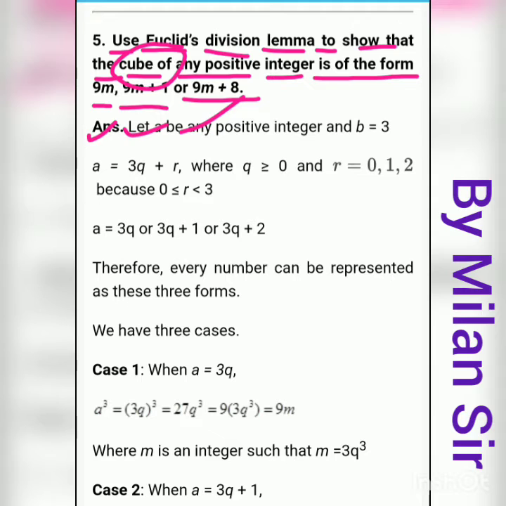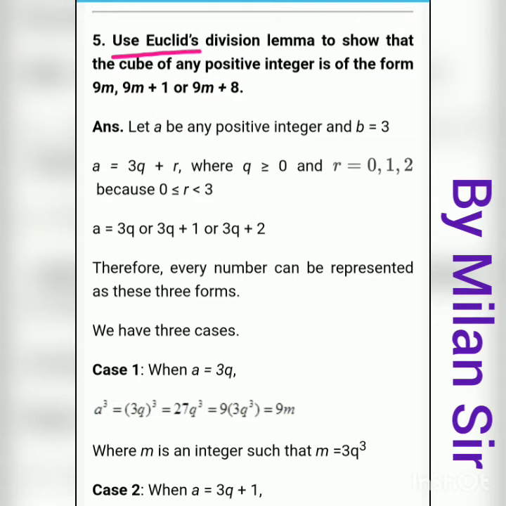So use Euclid's division lemma to show that the cube of any positive integer is of the form 9m, 9m plus 1 and 9m plus 8. First of all we need to assume our a and b, right? So first of all let a be any positive integer and b equal to 3. Now why is b equal to 3 here when we have 9?